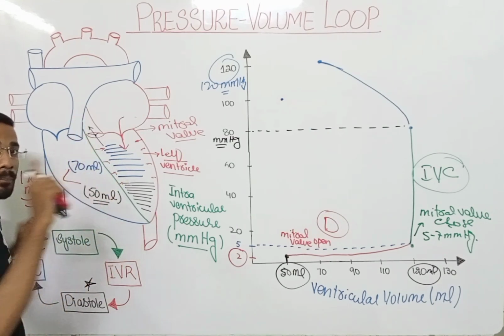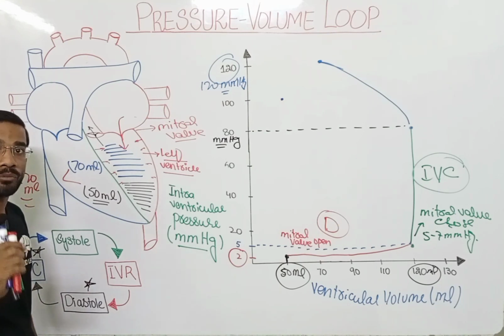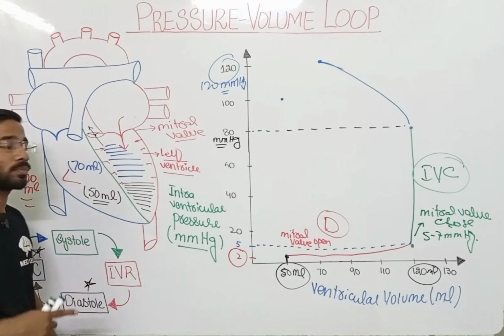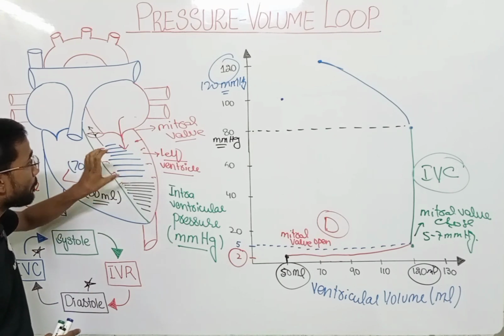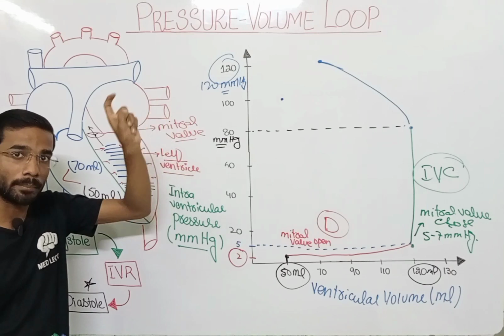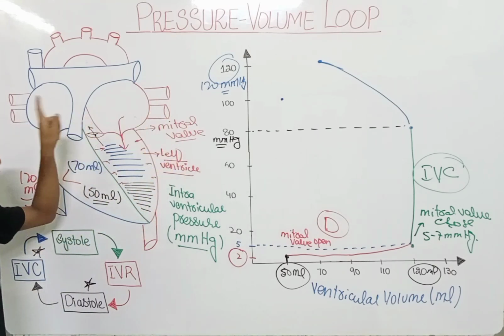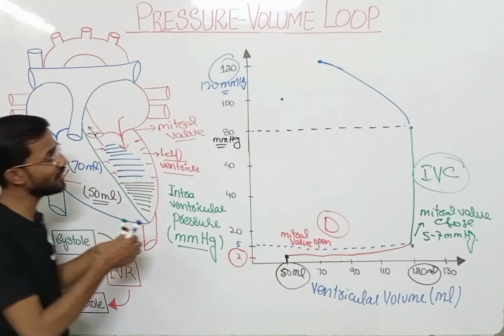Keep in mind that blood or anything moves from high pressure to low pressure. So the pressure in the left ventricle goes towards 120 millimeters of mercury and blood starts moving into the aorta. And after that, what will happen?